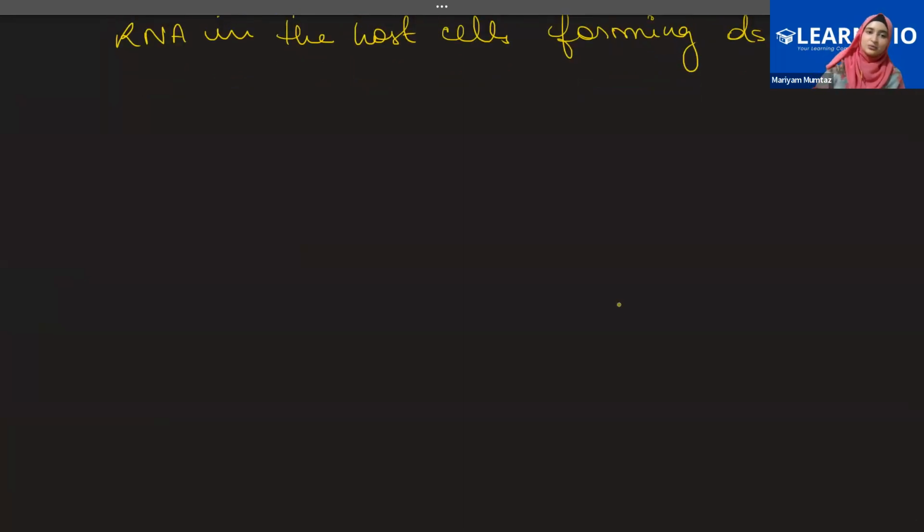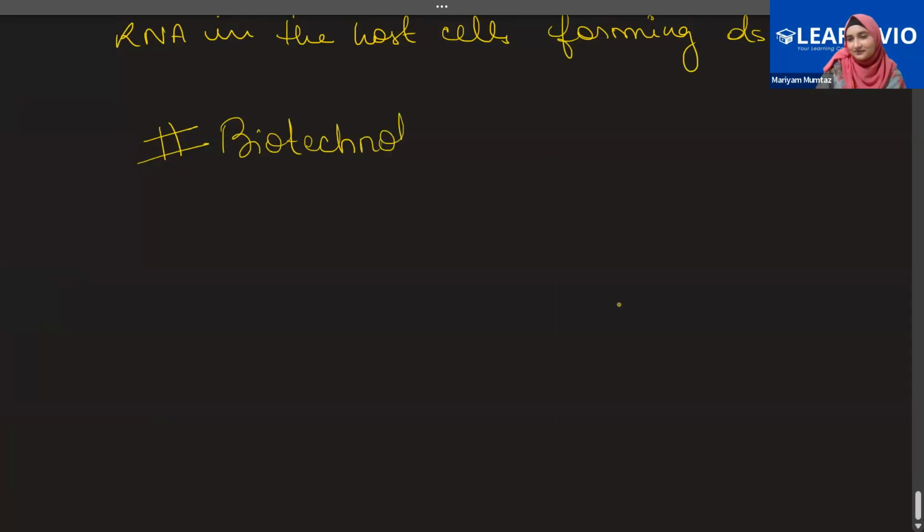Like, why is it used as a vector? Does it have some unique property? Cloning, but it also forms tumors. You remember the Ti plasmid? Tumor inducing. They induce tumors. That is why they are used. Now everyone remembers.